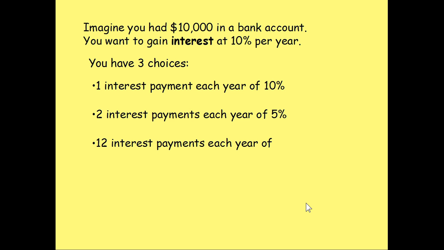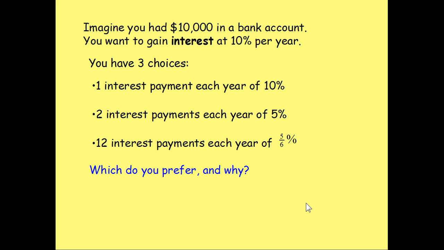You get 1 interest payment every year, 10%, or instead you get 2 interest payments of 5%. So for example, maybe 1 in June and 1 in December. Now that still adds up to 10%, but does it add up to the same amount of money? Think about that. Or we could have 12 interest payments of 5/6%, so 1 every month, still adding up to 10% after 12 months. But again, is it really the same? So do have a think about it and pause the video if you haven't thought about it before.